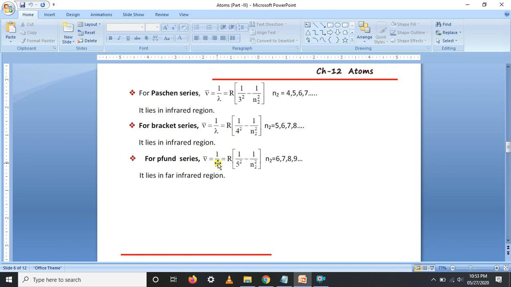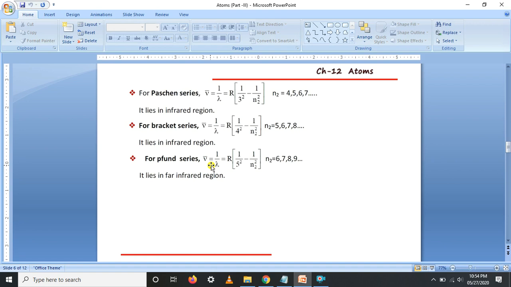For Pfund series, the 1 by lambda value is equal to R into bracket 1 by 5 square minus 1 by N2 square, where N2 is 6, 7, 8 and so on, and N1 value is 5 only for this Pfund series, and it lies in the far infrared region only.